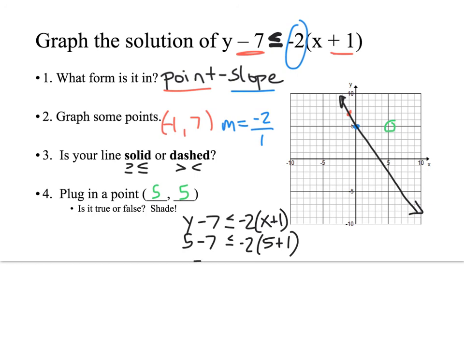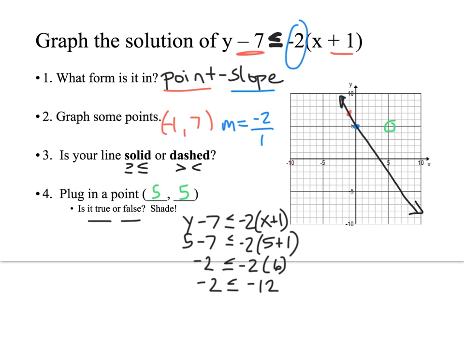5 minus 7 is -2. And then we have a -2 here, and 5 plus 1 is 6. So now we have -2 is less than or equal to -2 times 6, which is -12. The question is, is this true or false? Is -2 less than or equal to -12?